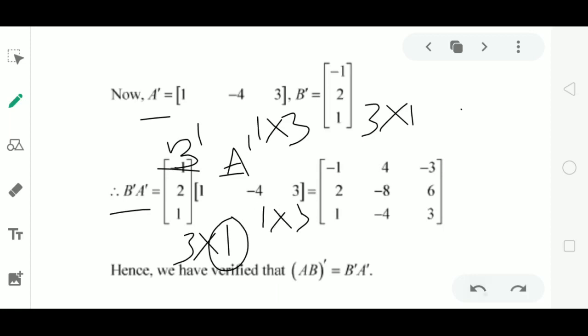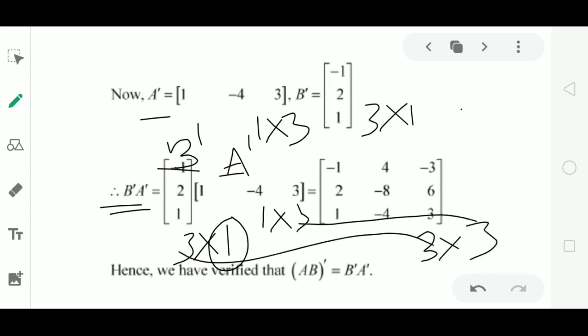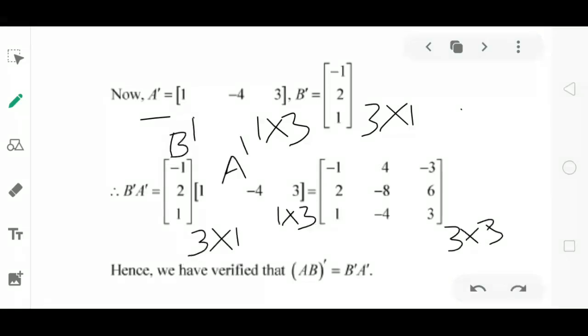These matrices satisfy the condition of multiplication of matrices, so we can find their product. Their product will be a matrix B dash A dash with the order 3 by 3, number of rows of B dash by number of columns of A dash. Now let us find the elements of B dash A dash.